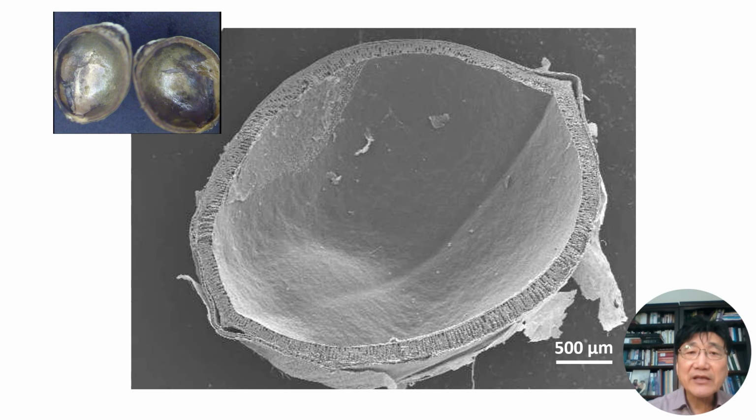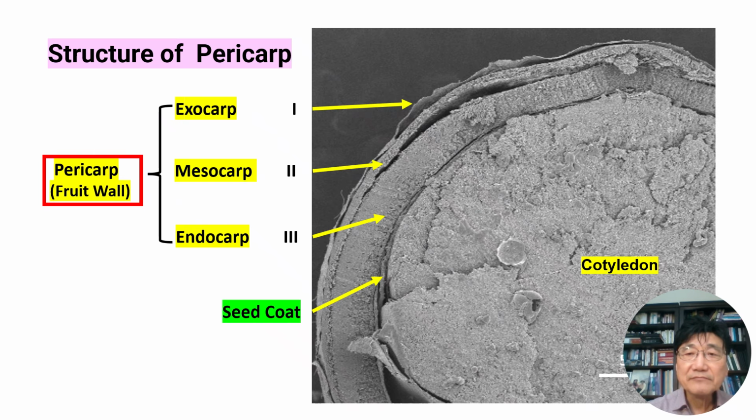This scanning electron micrograph of a longitudinal section of the pericarp is shown. The embryo was removed from the whole fruit. The pericarp is composed of 3 layers.